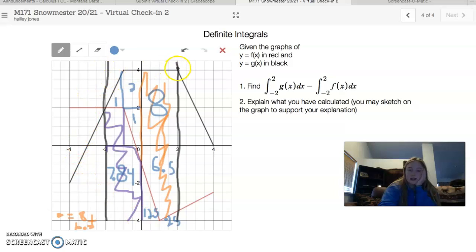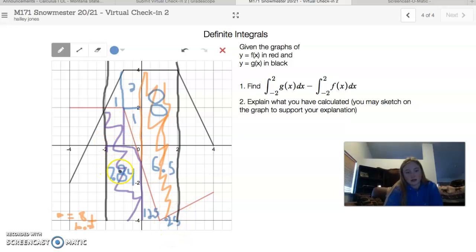These two black lines are the bases 2 and -2, so it goes from here to here. I just wasn't sure how far up and down I was supposed to go, so it looks like a mess. It looks like we're subtracting off the red function, and I based the red function off from the red line and below.